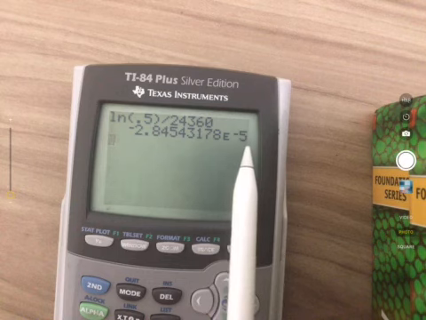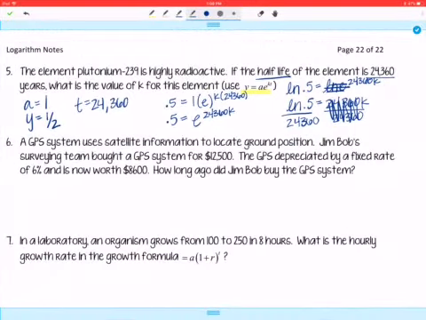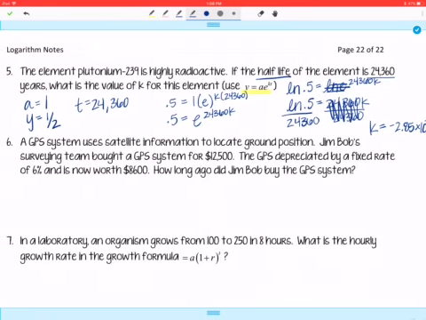Remember, because we count in bases of 10, that's your scientific notation. So my K value is negative 2.85 times 10 to the negative 5. I don't know if you have one like that on your test, but if you do, that's how I would write it. Very small number.